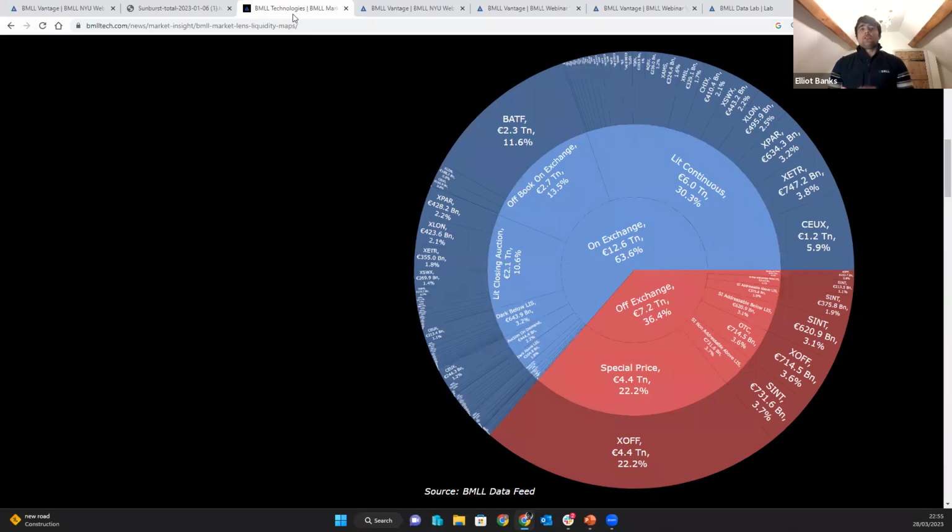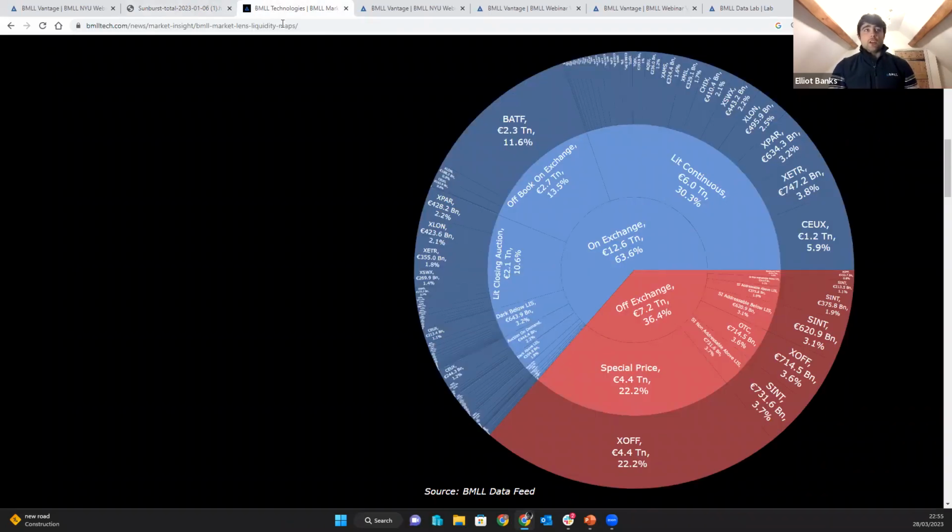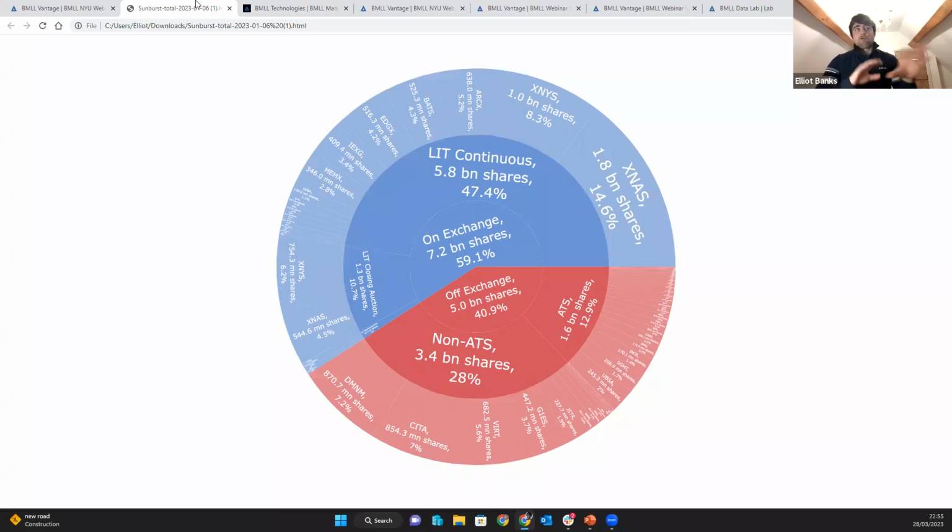But overall, what you can see is there's a clear view that there is, in a lot of ways, a similar proportion between on and off exchange. You look at sort of 60-40, but the granularity and the way that you can analyze this data is different across Europe and the US.